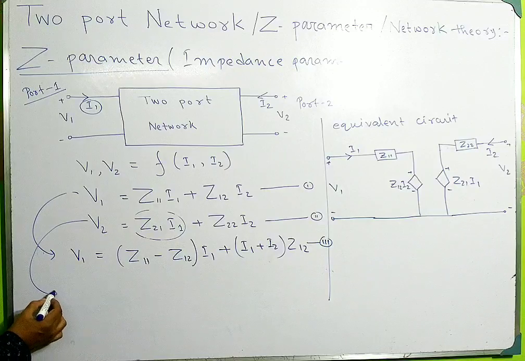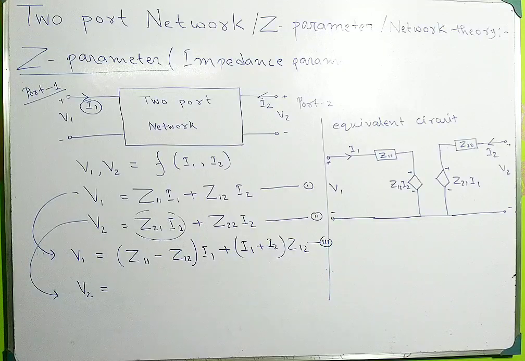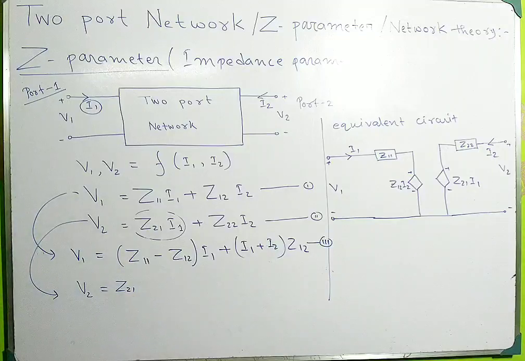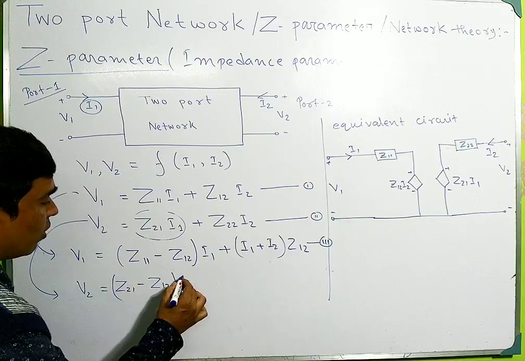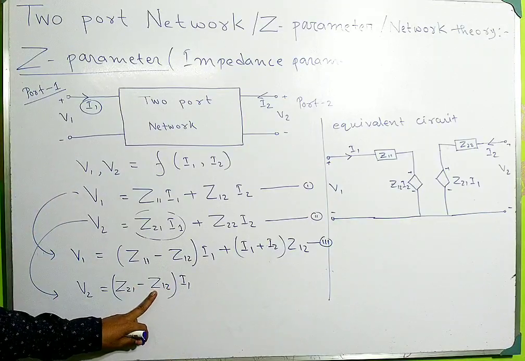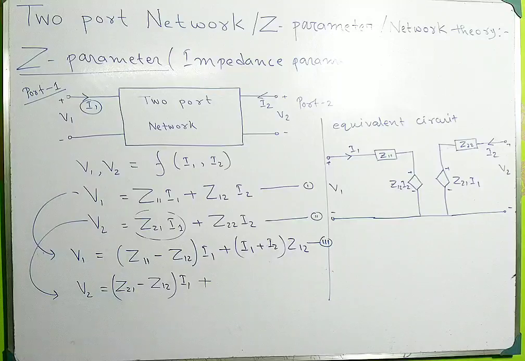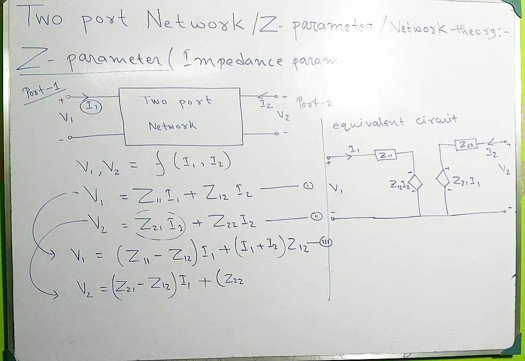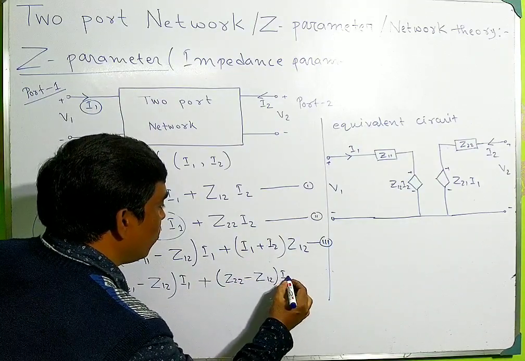And V2 is given by (Z21 minus Z12) into I1, where we have taken Z12 as extra, plus (Z22 minus Z12) into I2.